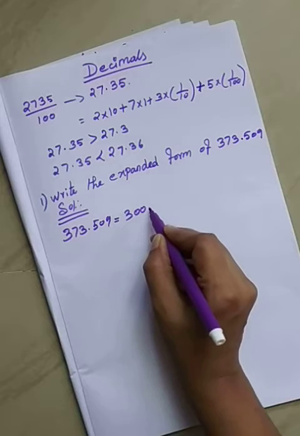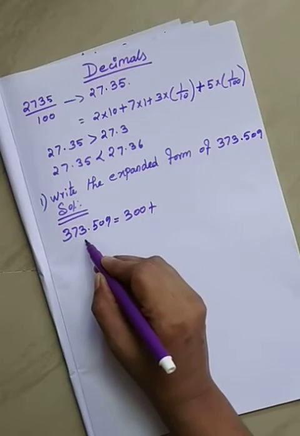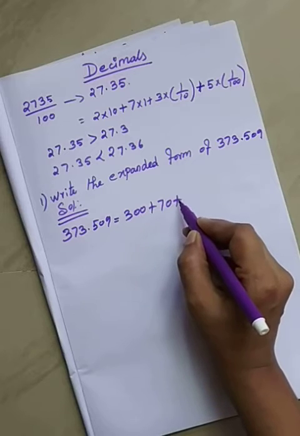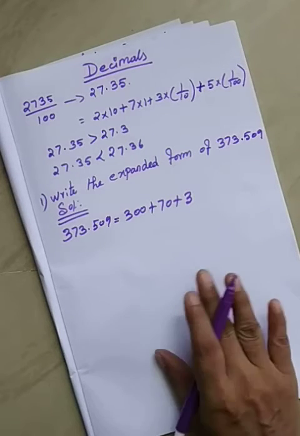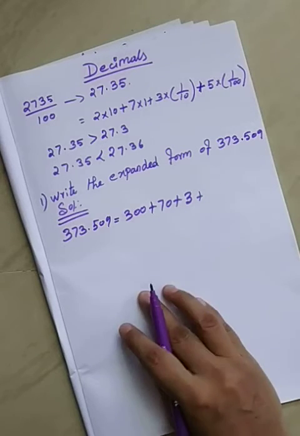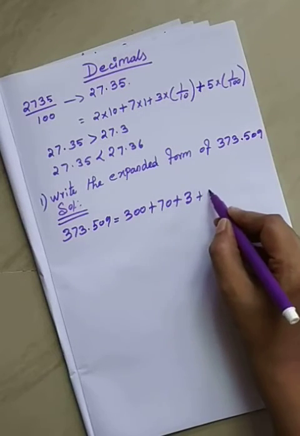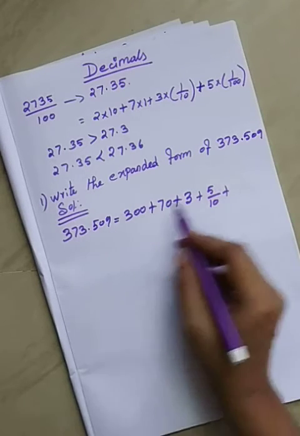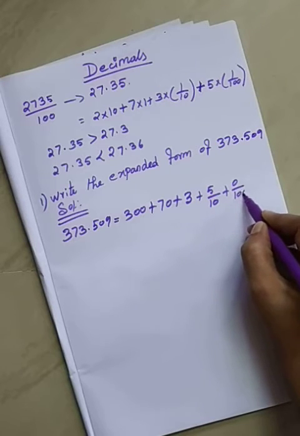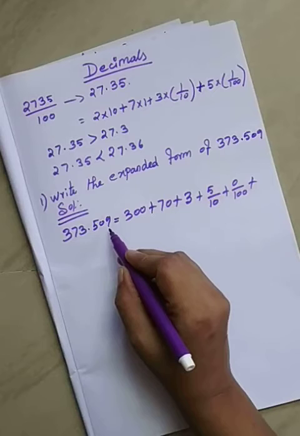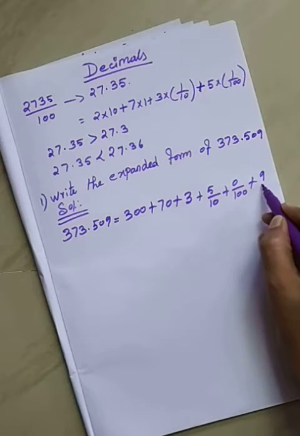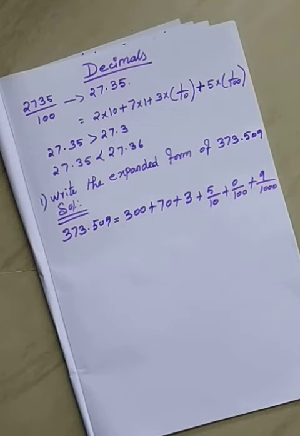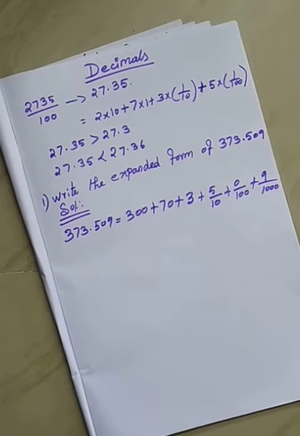This is 300 plus 70 plus 3. Clear? Plus next, this is the 10th place, so 5 divided by 10. This is the 100th place, so 0 divided by 100. This one is the 1000th place, so 9 divided by 1000. Everybody clear? This is the expanded form of 373.509.